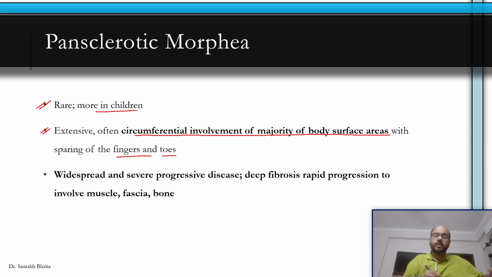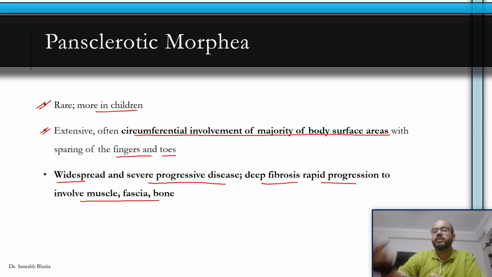Now fingers and toes are mostly involved in the systemic sclerosis aspect of disease. So this is one point where you can differentiate the pansclerotic variant from systemic sclerosis. In SS, fingers and toes are involved. You have sclerodactyly, but in morphea, the pansclerotic variant, the fingers and toes are spared. There is widespread, severe progressive disease with deep fibrosis and rapid progression to involve deeper tissues like muscle, fascia, and bone.